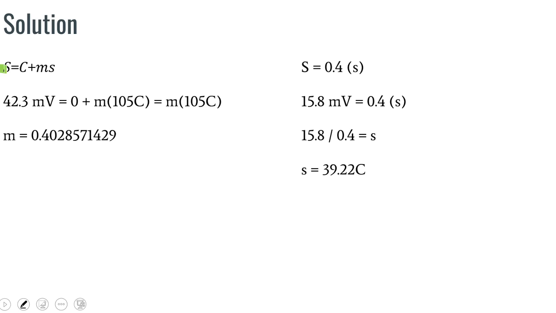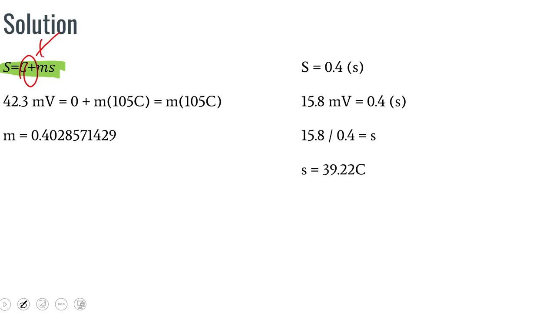The transfer function would start with S equals C plus mS. If that is the basic transfer function, we can start with the 0 volt case, where the constant C is 0 at stimulus 0.